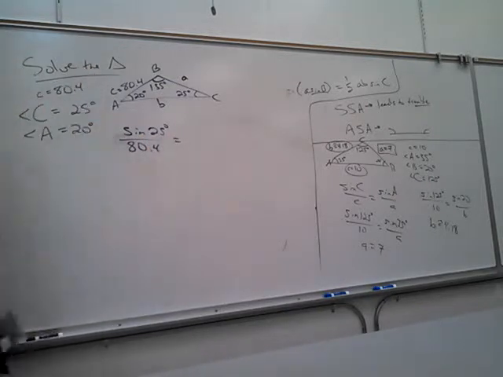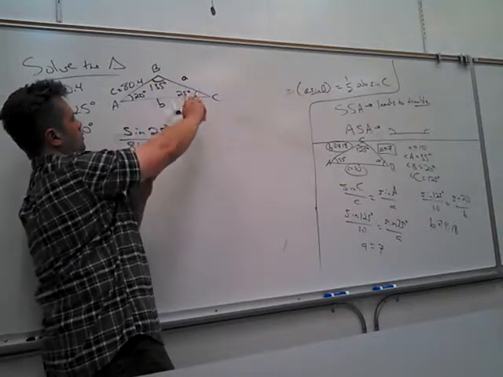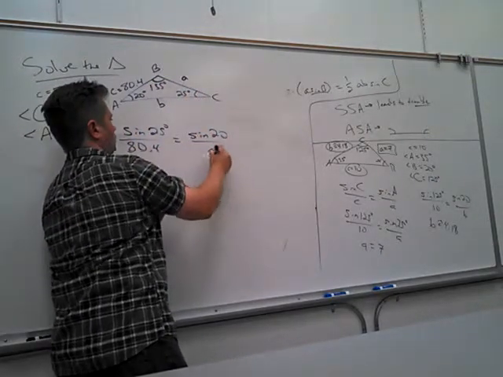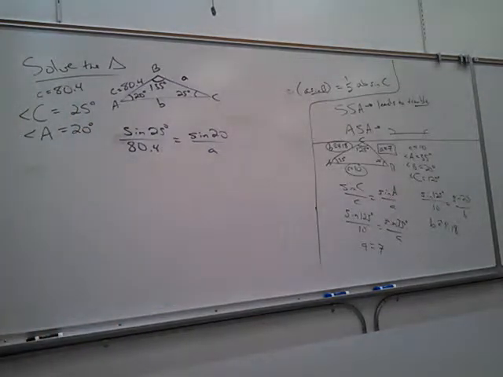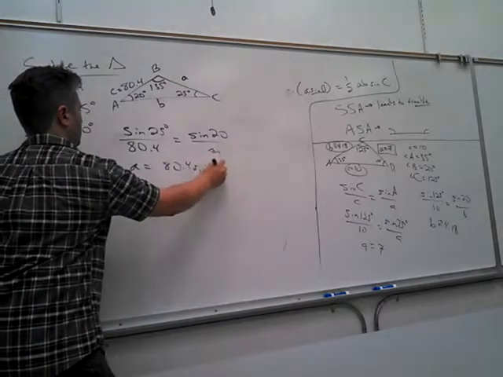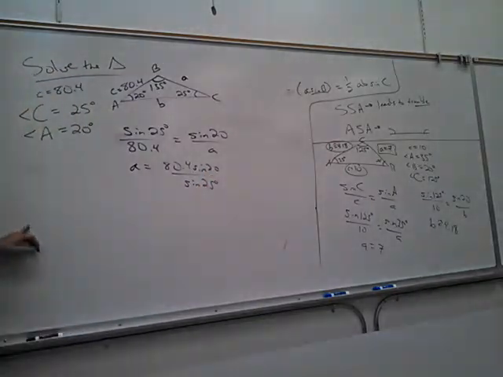And now I can go whichever way I want to. Yeah, sine of 20 over A. Cool. So that gets A equals 80.4 sine 20 over sine 25.